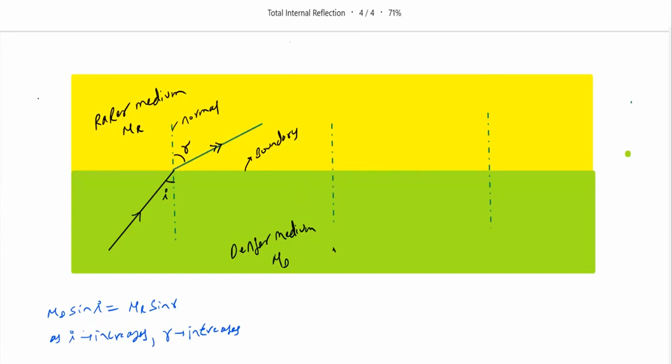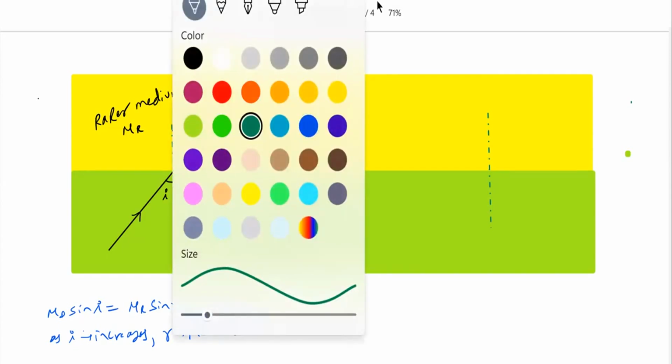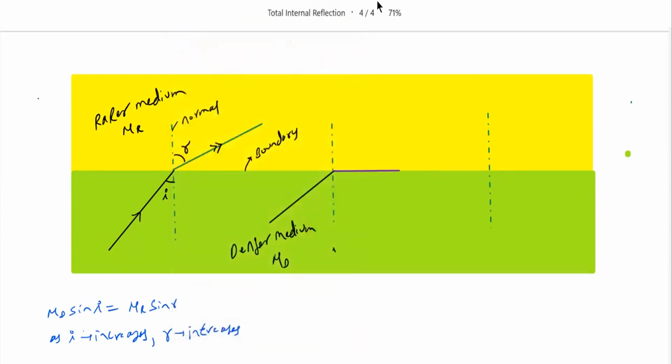This is the refracted ray we have chosen. Let me choose some other color here. The refracted ray will graze the boundary. You can check it here. The angle at which the refracted ray grazes the boundary, we will call that the critical angle.